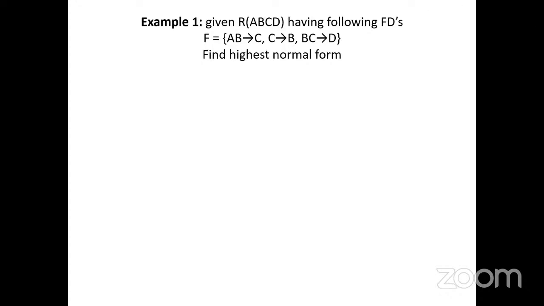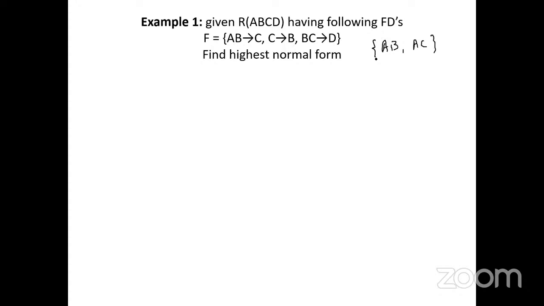So do we have only one key attribute here, which is AB? Someone says AC also. Considering the case that AB and AC are the keys, any other? Okay.